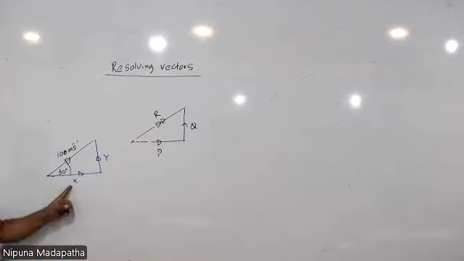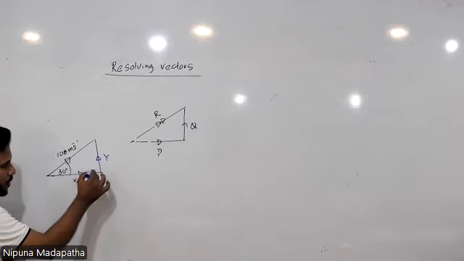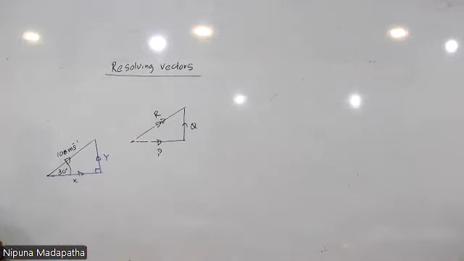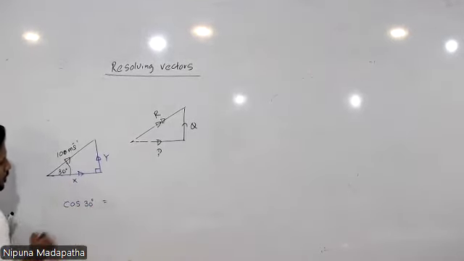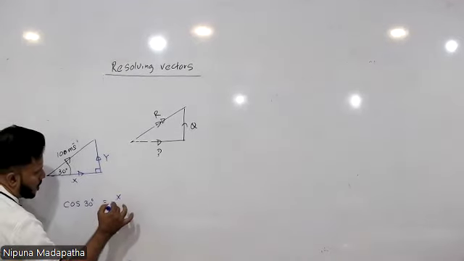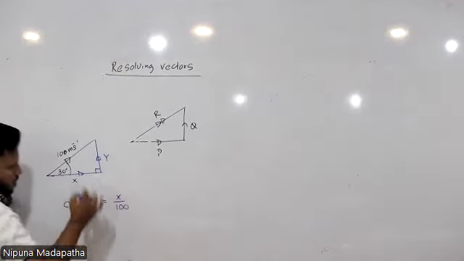So what is the x component of this? How do we get the x component? This is a right angle triangle. In order to get the x component, you can take the cosine of this angle. So cos 30 is equal to adjacent side over hypotenuse.